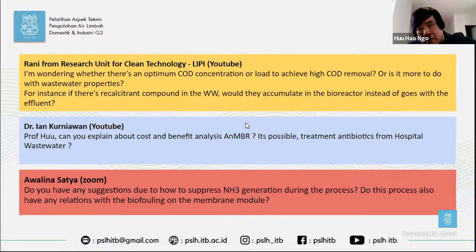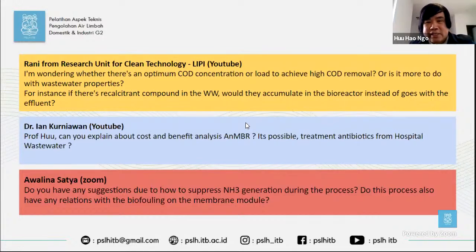So that is my answer: we do not have exactly an optimum COD concentration or organic loading rate, but we know that higher is better, even about 5 to 10 times the organic loading rate for the anaerobic MBR. Even with an organic shock, when the load suddenly becomes very high, anaerobic MBR is still very okay.